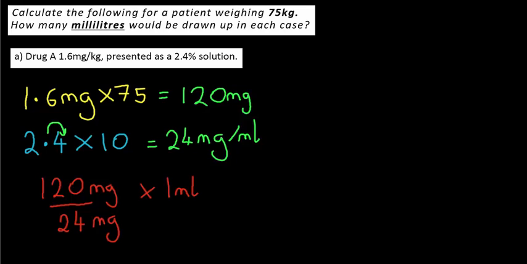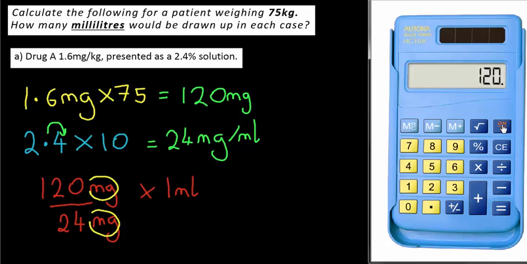And we'll notice on our fraction part that both top and bottom have the same units, milligrams. So we can just get the calculator out straight away, no need to convert. Clear the decks. We have 120 divided by 24 times by 1, and our answer is just 5 millilitres.